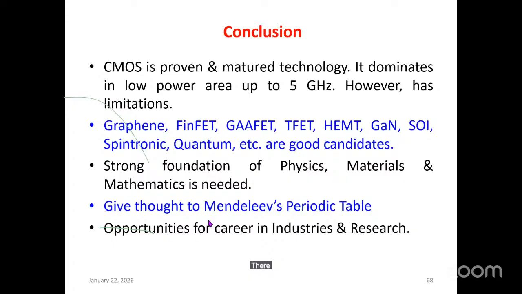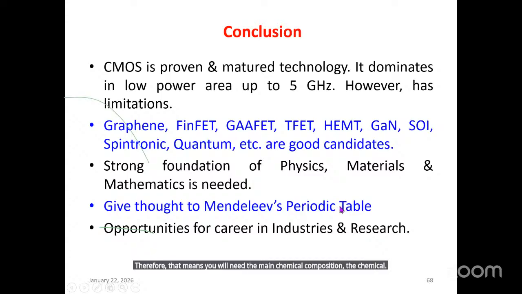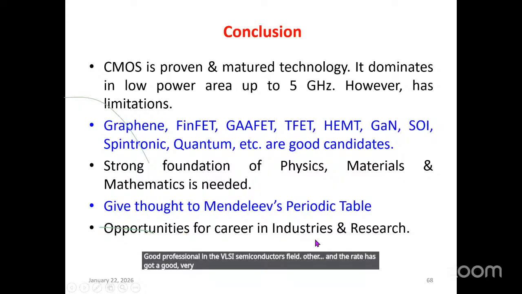Therefore, you need the chemical composition and chemical properties, some idea of this, and all these domains to become a really good researcher or good professional in the VLSI semiconductor field. And then it has very good opportunities and careers in industries and research.